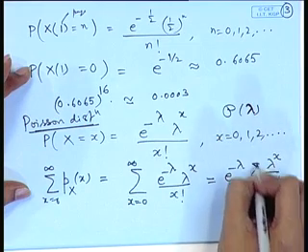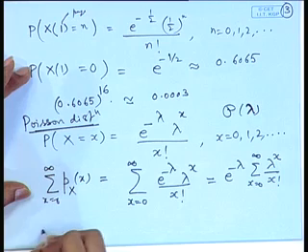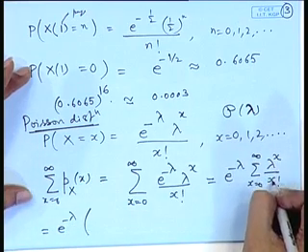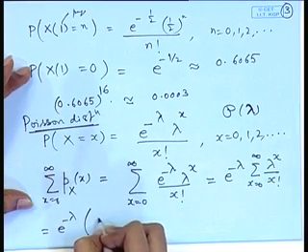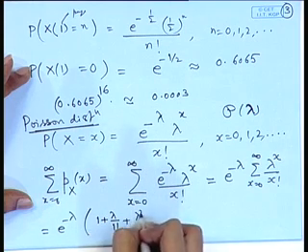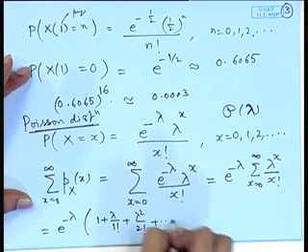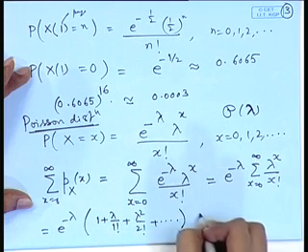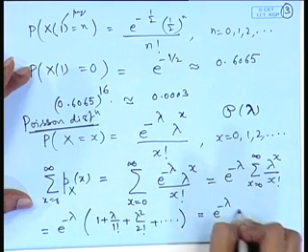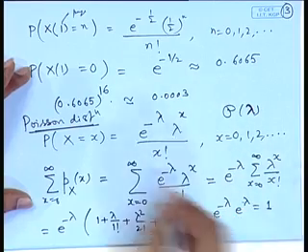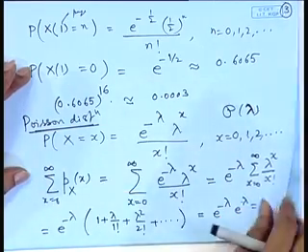If we look at this series, it is 1 plus lambda by 1 factorial plus lambda square by 2 factorial and so on, which is nothing but the expansion of e to the power lambda. So, this is equal to e to the power minus lambda times e to the power lambda, that is equal to 1. Therefore, this is a valid probability mass function.